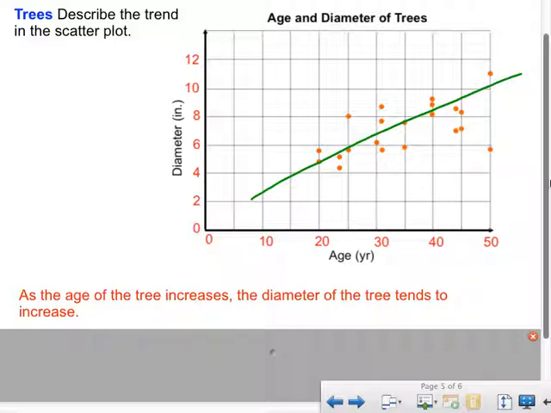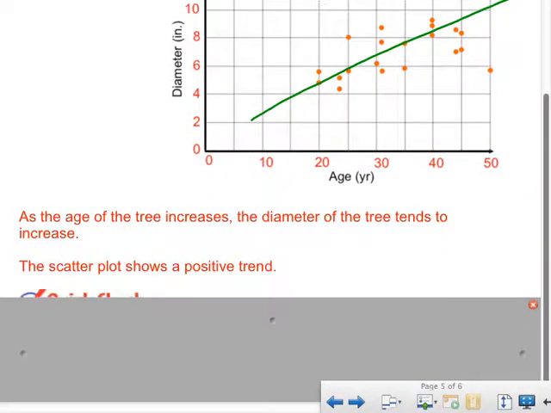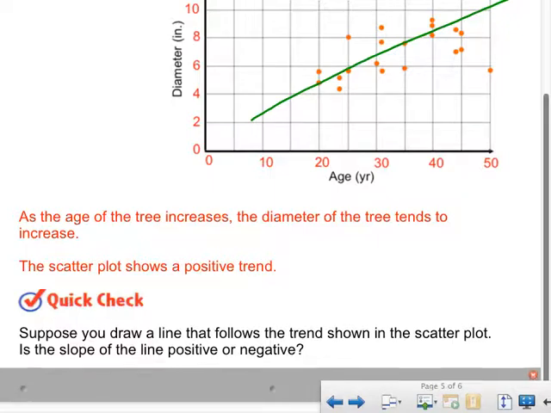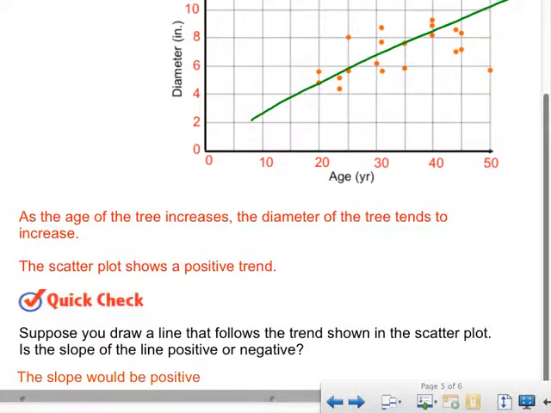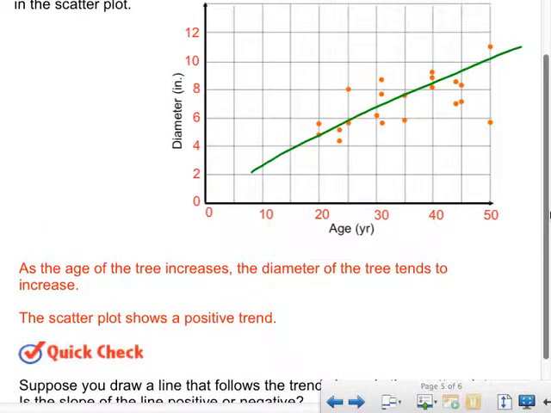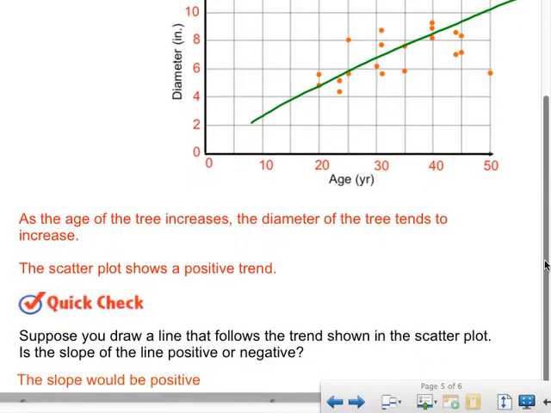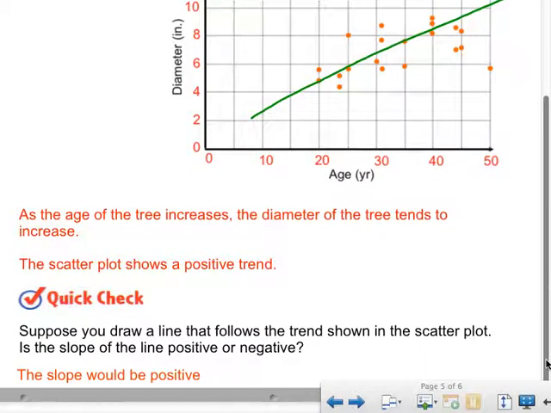So this is the label for the two axes. Positive trend. Now, this is what I was talking about earlier. The slope of the best fitted line would be what? Positive. Be ready for that on your quiz tomorrow.